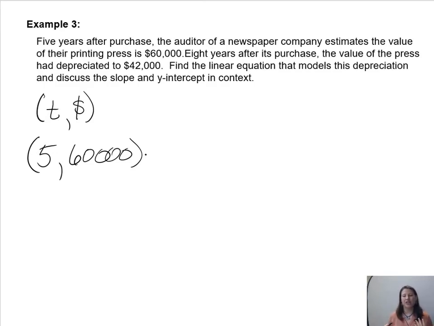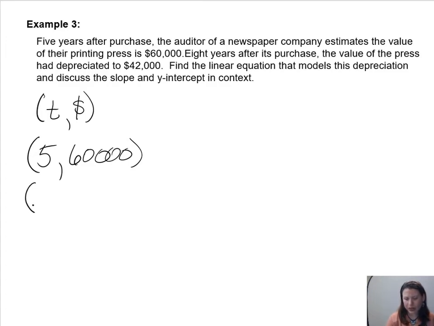A lot of times we don't use commas within numbers in problems. When you're writing about them, it looks nicer and is easier to read, but in this format, just be careful with your commas, that they actually mean something to the answer. So that's our first point.